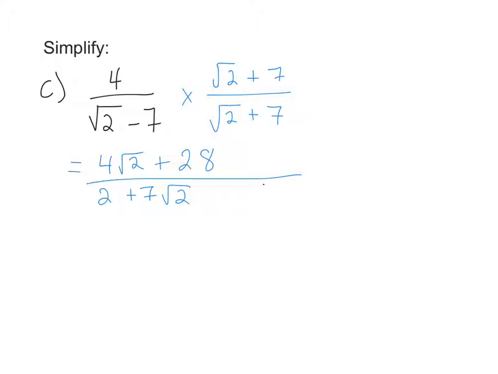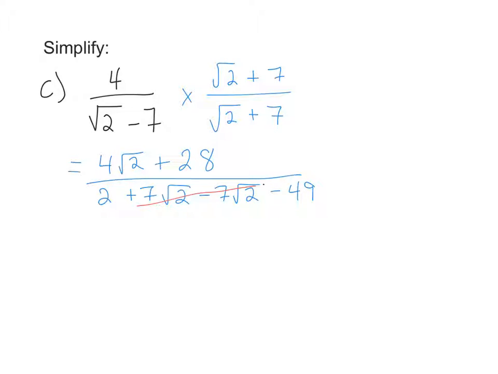And then negative 7 times root 2, which is negative 7 root 2. And then negative 7 times 7, negative 49. And what you'll see always happens when you multiply these conjugate binomials is that the middle two terms cancel out. So we don't have any radicals left in the denominator, which is what the goal was.